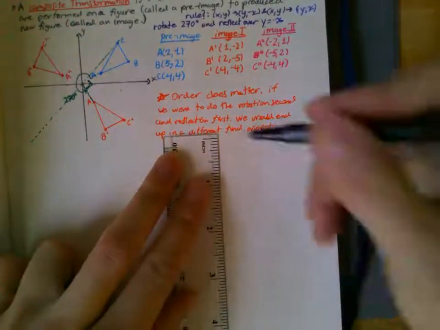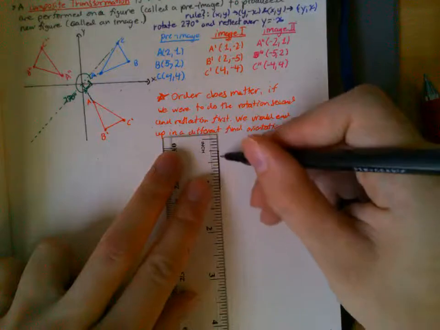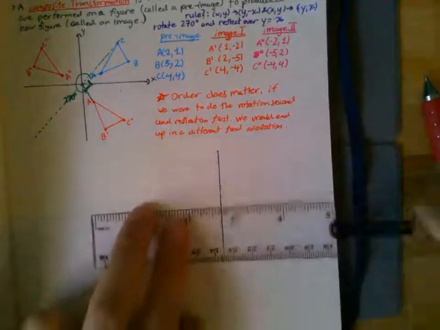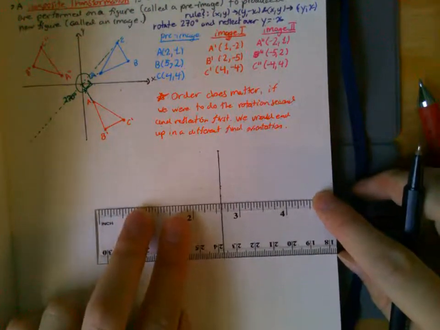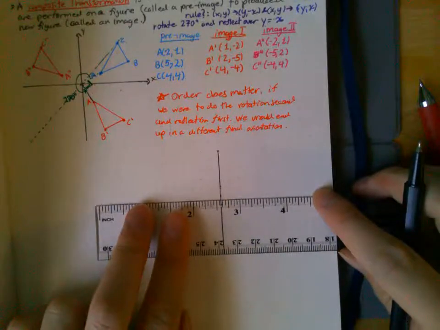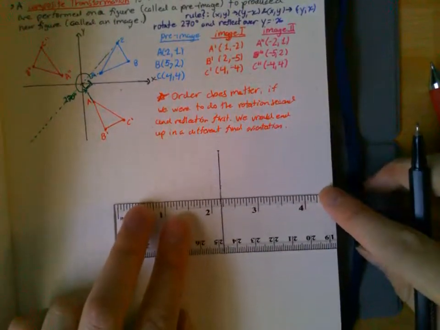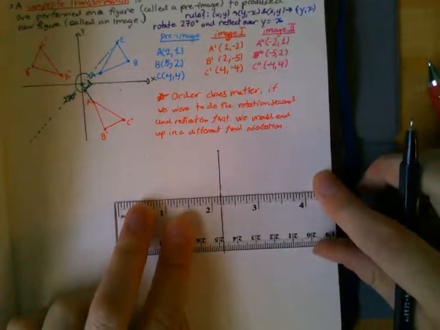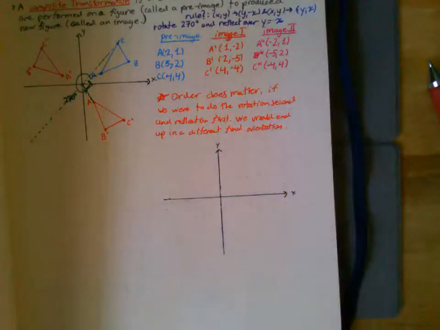So if I graph this guy again, okay, 1, 2, 3, 4, 5, 5, 6, 1, 2, 3, 4, 5. X, Y, there we go.